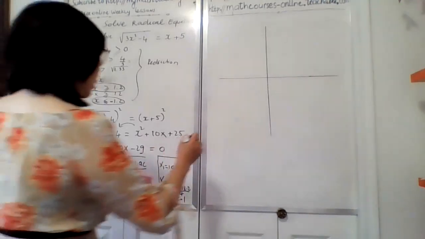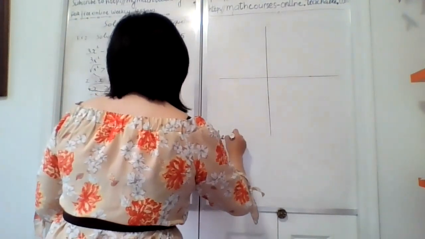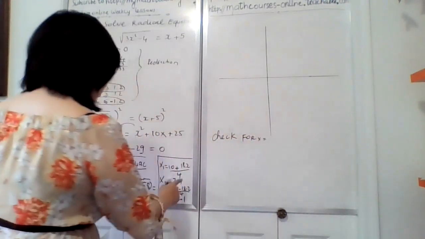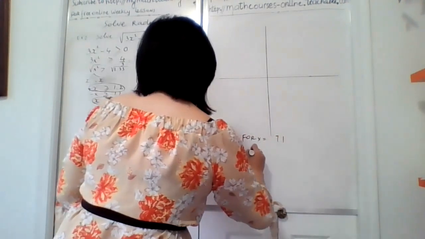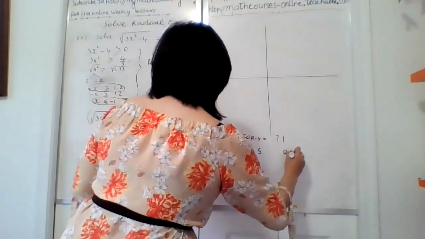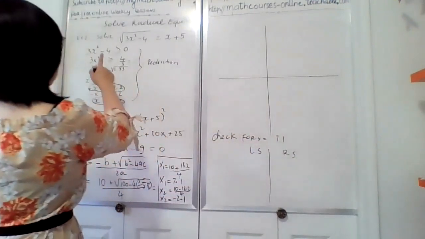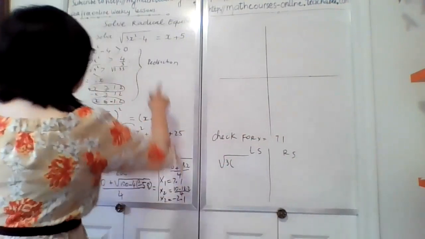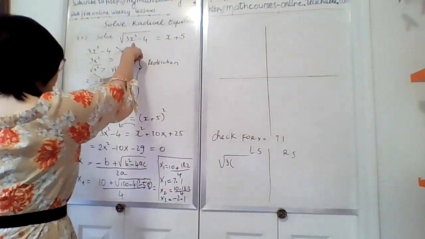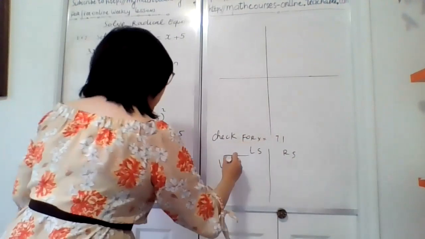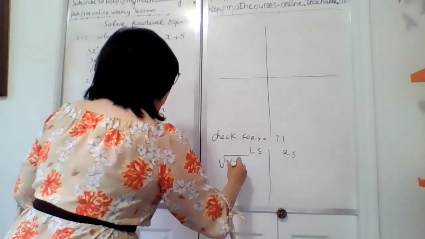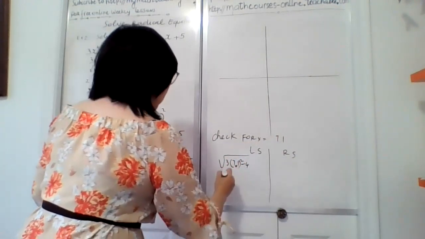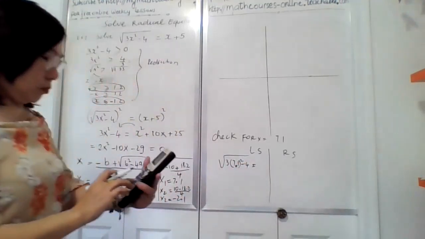Okay. So now let's check it, right? So for x equal to the first root, 7.1, we have left side and right side. Our left side will be equal to the square root of 3 times x squared minus 4, following this expression, and now x is 7.1, so 7.1 squared times 3 minus 4, and let's see how much it equals.